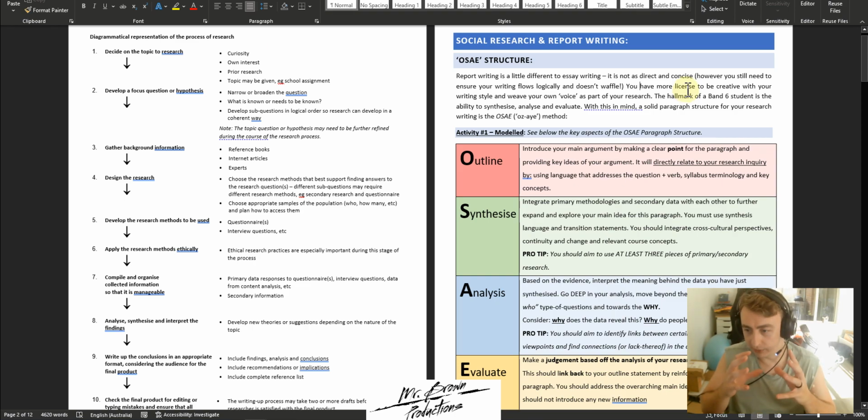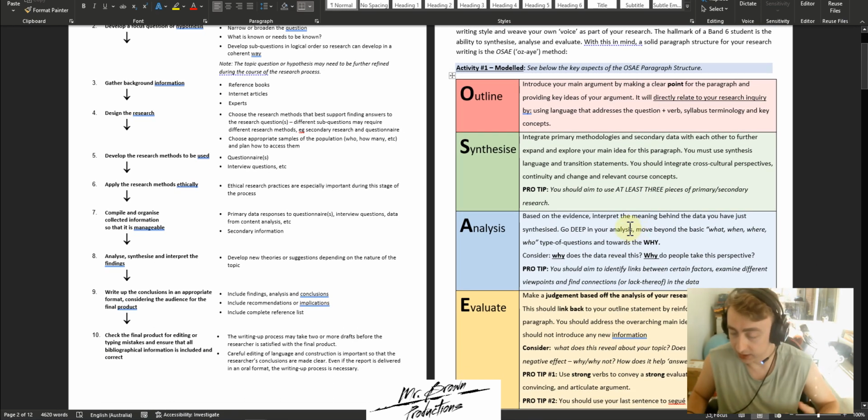But you've still got to have a good solid structure. So with this in mind, this is where OSAE comes from, and especially if you're aiming for that big band 6 next year, or the A range here, the ability to synthesize, analyze, and evaluate is very critical to this process. So I'll break it down here for you.